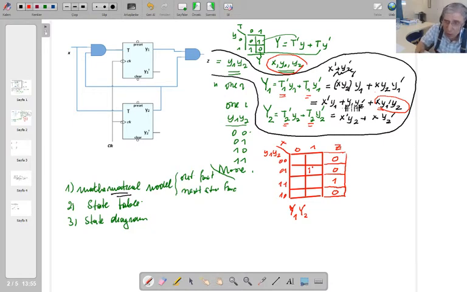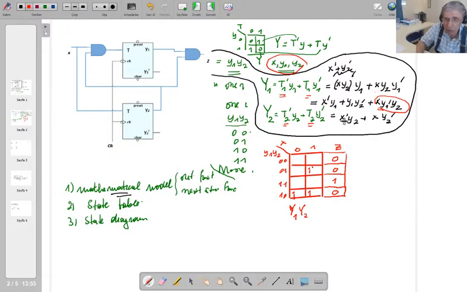So if you look at this one now, y1 is 1, y2 is 0, 1, 0, that's that row, isn't it? So for this row, I'm going to put two 1s, meaning that the x variable disappears. If you consider this one and this one, only the x variable values are changing, so this variable is going to disappear.